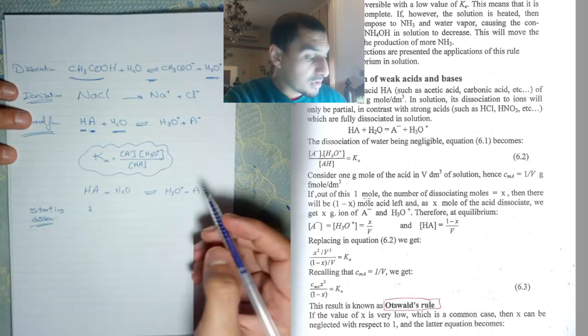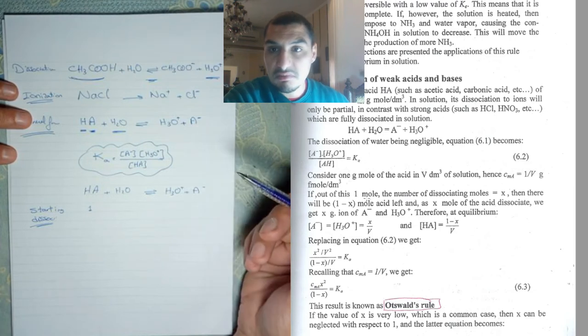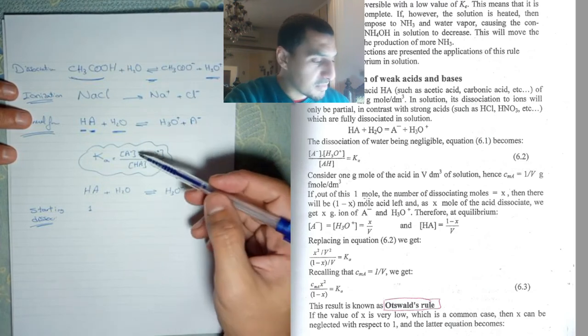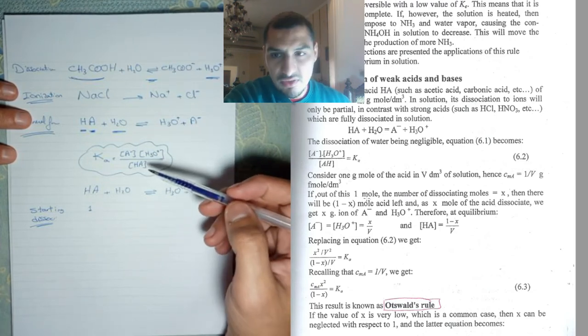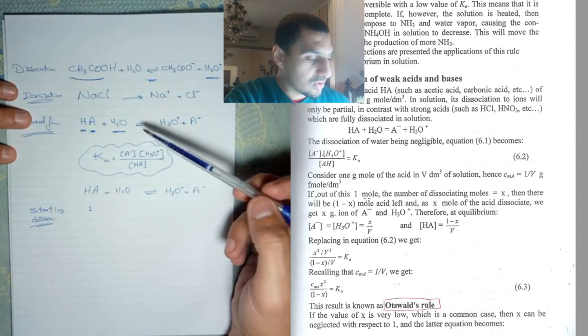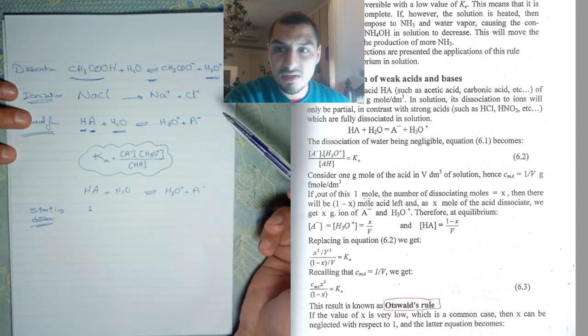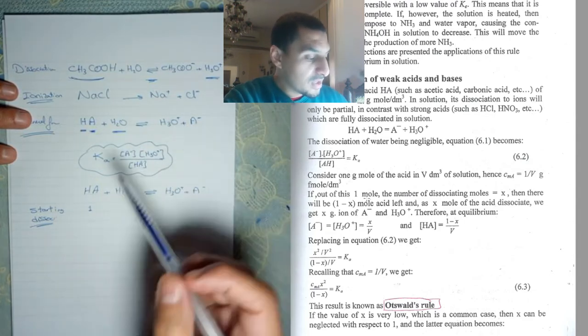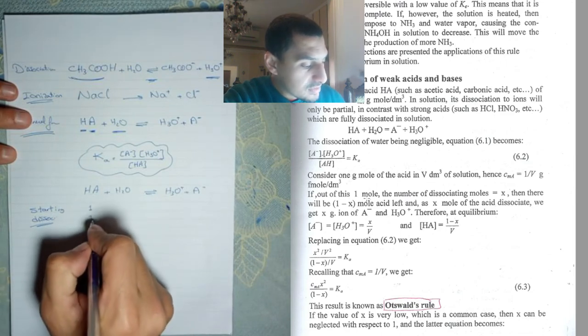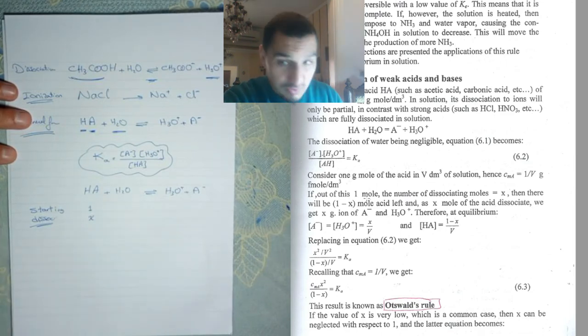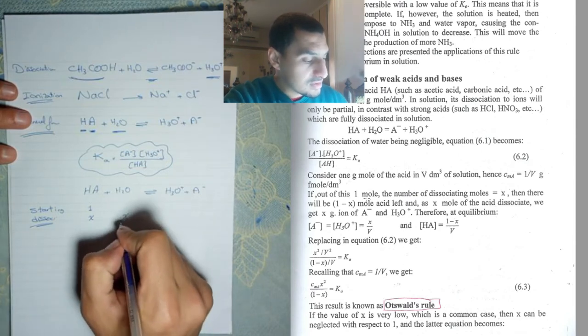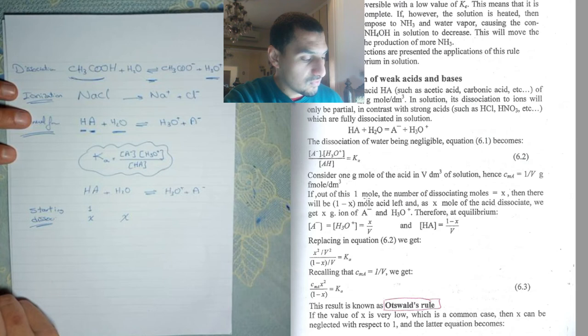Of course, I'm not going to have full dissociation because I must have some acid present in the solution. The amount of acid will depend on the value of K, but at the end of the day, I will have both of them. So I'm going to have some dissociation for an amount of X moles of the acid, which is going to dissociate with X moles of water.